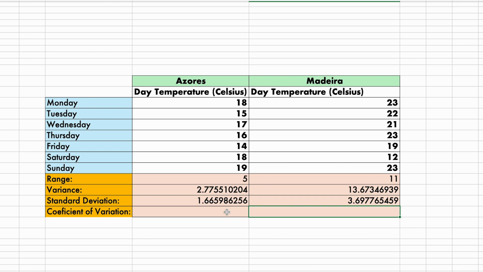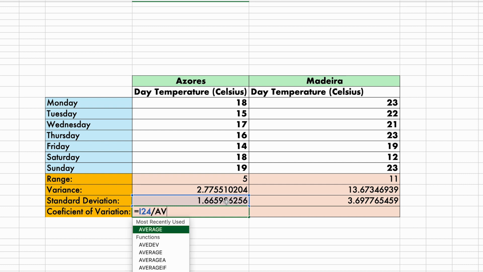The standard deviation and variance are greater for Madeira. What we can calculate is the coefficient of variation. The formula is simple: standard deviation over mean multiplied by 100.